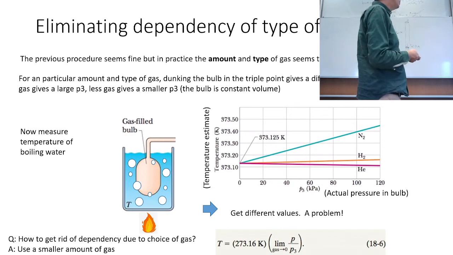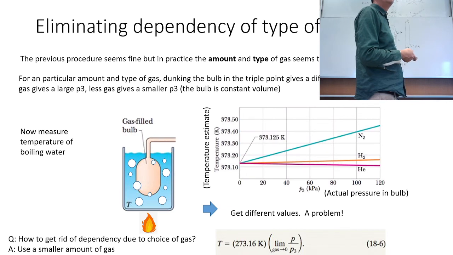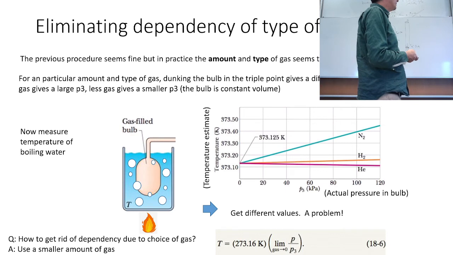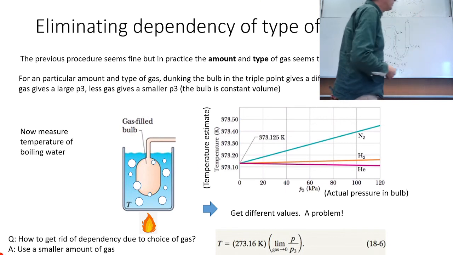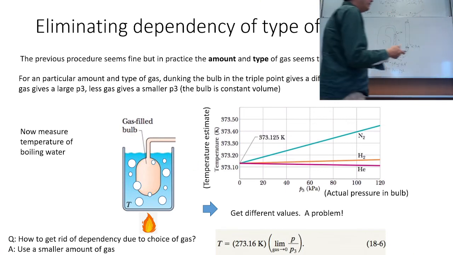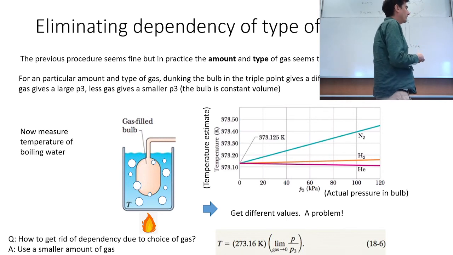It's 373 point something. But if you use these different bulbs and different gases, then you'll get slightly different estimates. All these are 373 point something, but they're not quite the same.